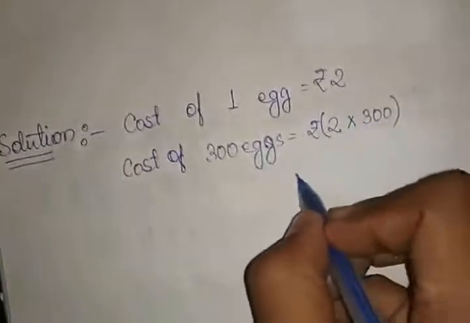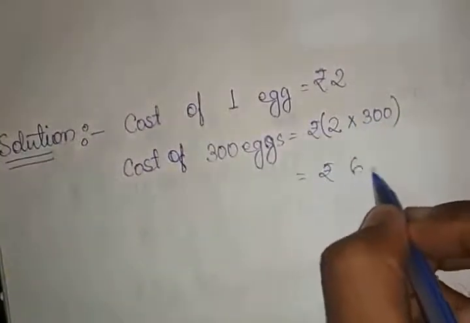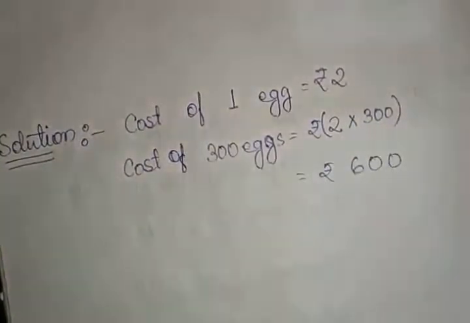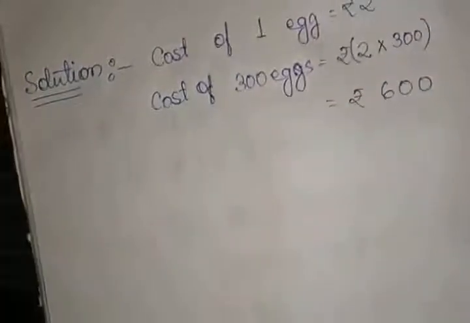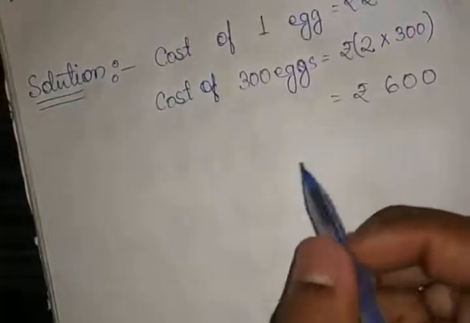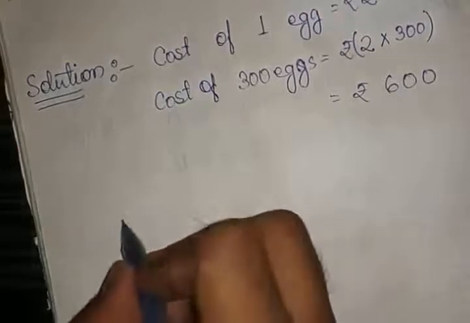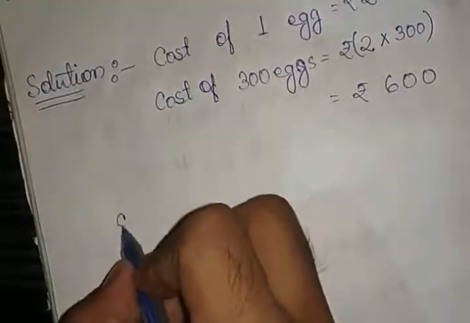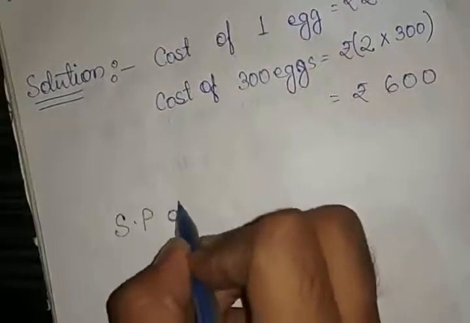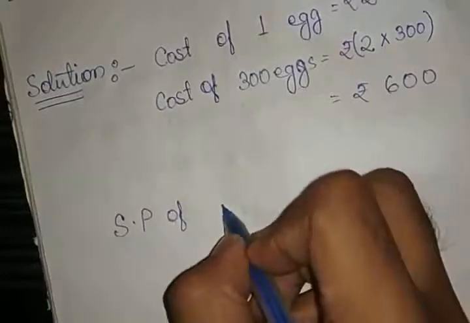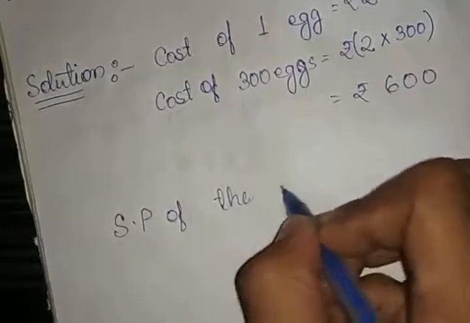That will be equal to rupees 600. Now what is said? How many eggs were broken? 40 eggs were broken. Then the selling price of the remaining eggs.